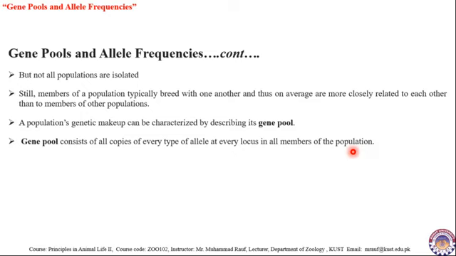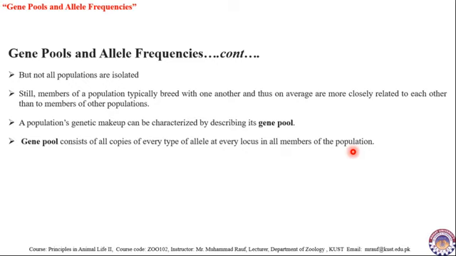Humans have 25,000 genes. So in that particular population, the members have different alleles for the particular loci. Some of them have black hair, some have gray hair, some have white hair, some have black eye color, some have blue, some have green eye color, some have white skin, some have dark skin. So there are variations in their phenotype.